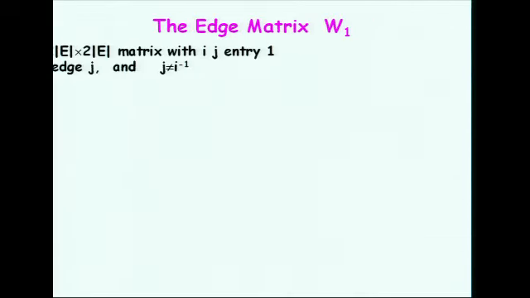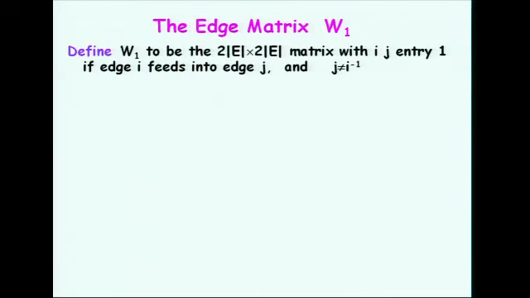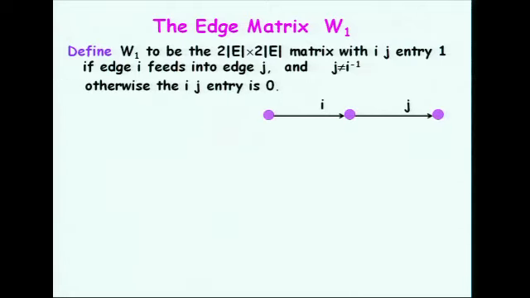The nicer formula, I guess, again, you saw this morning in the first talk, is that if you define the edge matrix W1 to be the 2m by 2m matrix, where m is the number of undirected edges, with ij entry 1 if edge i feeds into edge j, but j is not the inverse of edge i because we don't want to allow backtracking.